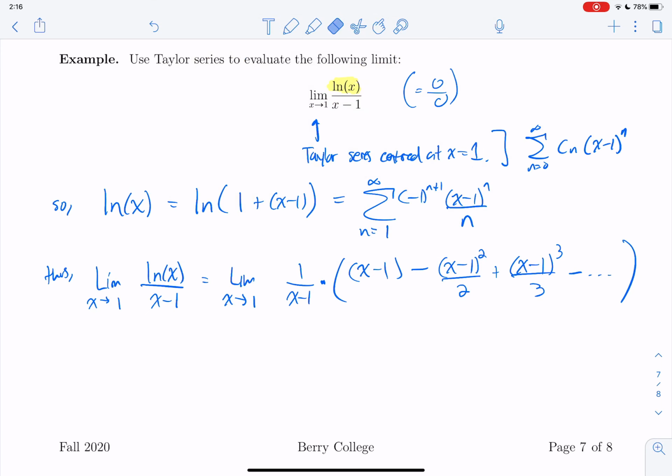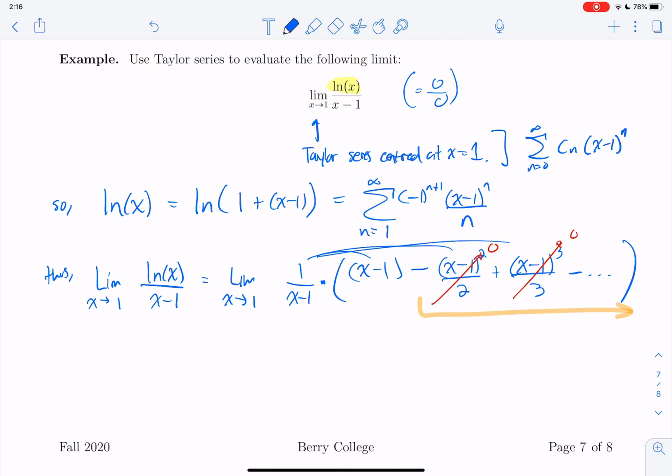Indeed, as we distribute, notice that each of these terms is going to have a surviving factor of x minus 1, which means when we take the limit as x goes to 1, each of these individual terms is going to go to 0.